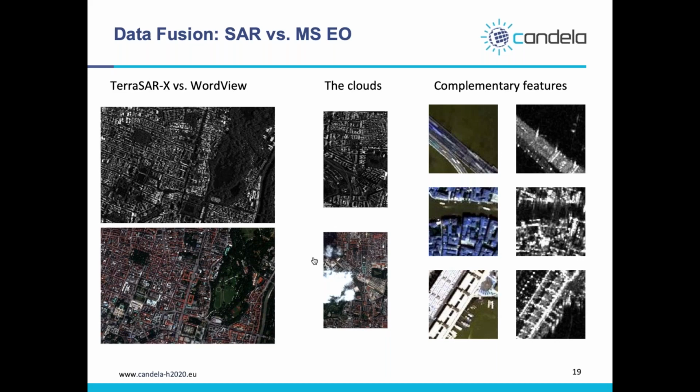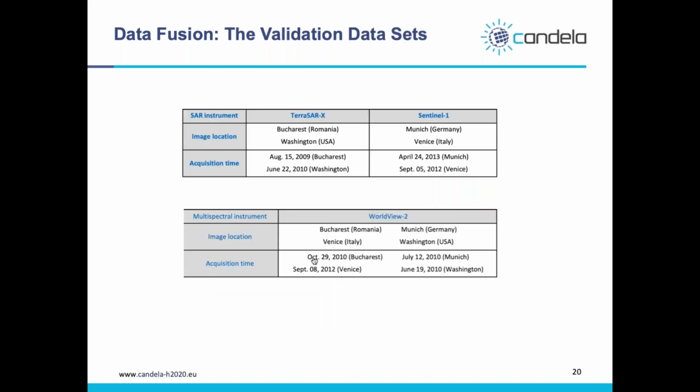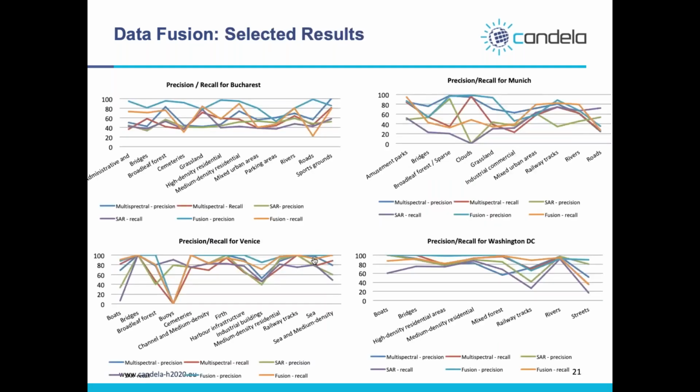So we exploit this complementarity to have a better classification or to classify areas where incomplete observations exist. The principles are the same as in data mining: the same active learning, fusing features from both sensors. These are some examples obtained on TerraSAR-X and Sentinel-WorldView, and we now have many more results on data fusion for Sentinel-1 and Sentinel-2 for the use cases in CANDELA.